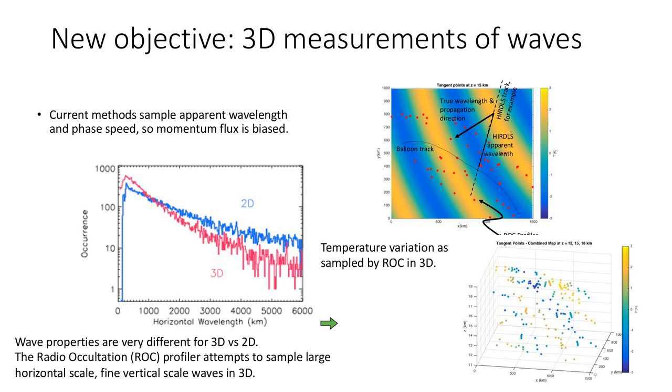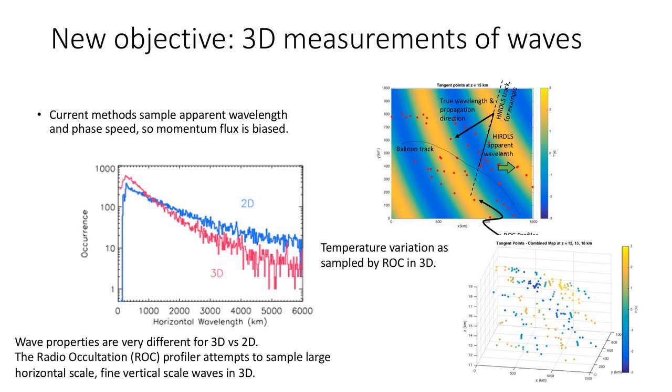So what we're trying to do by adding, in particular, the radio occultation instrument is that it's going to give profiles in the region of the balloon. For example, if they have a balloon trajectory here and a wave field with a wavelength of maybe about 600 kilometers, as the balloon is floating along this trajectory, it's making a measurement of a profile at one of these points, depending on where the signal source is in the sky, the GPS satellite that's the signal source.